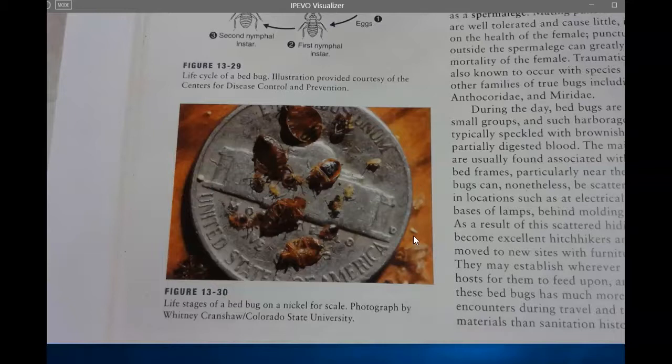Basically, international travel, people going from North America to Europe and moving their furniture all over the place, and changes in indoor insecticide use. There are 15 known species of Cimicidae in the United States, 92 species worldwide. Most of the other species feed on birds or bats.